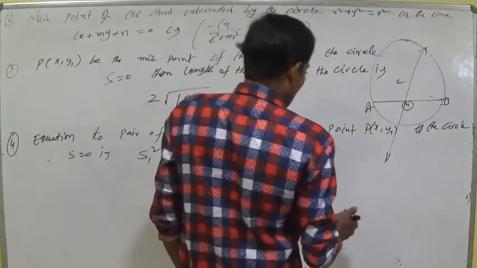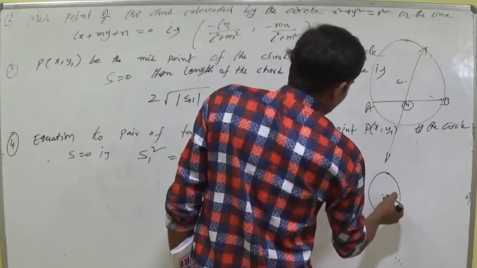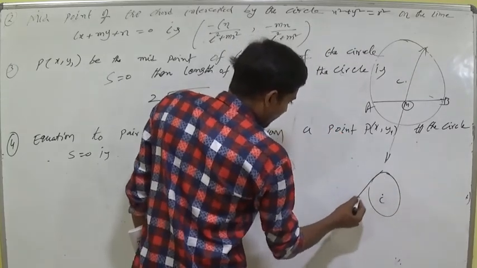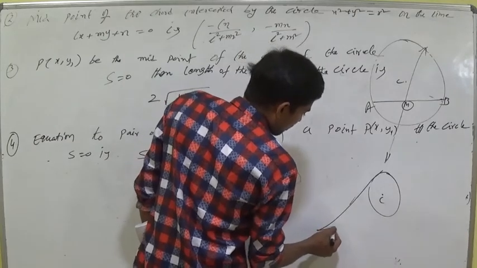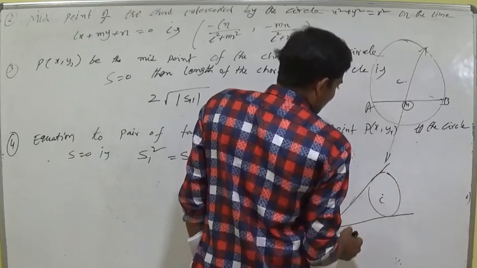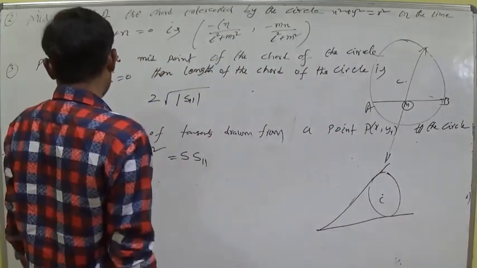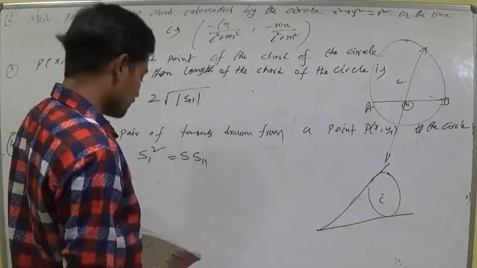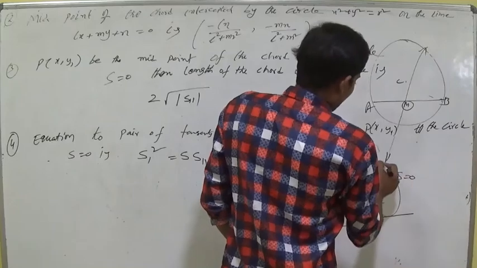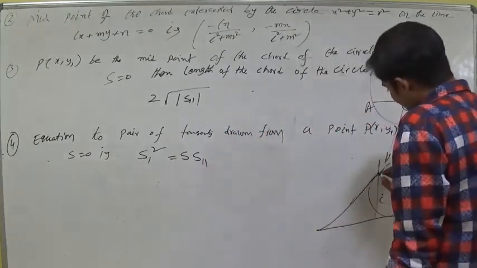So here, suppose the circle is here, which has a center C. Suppose a point P, and a pair of tangents is drawn from the point like this. S equal to 0. And suppose the chord of contact: what is the chord of contact here?